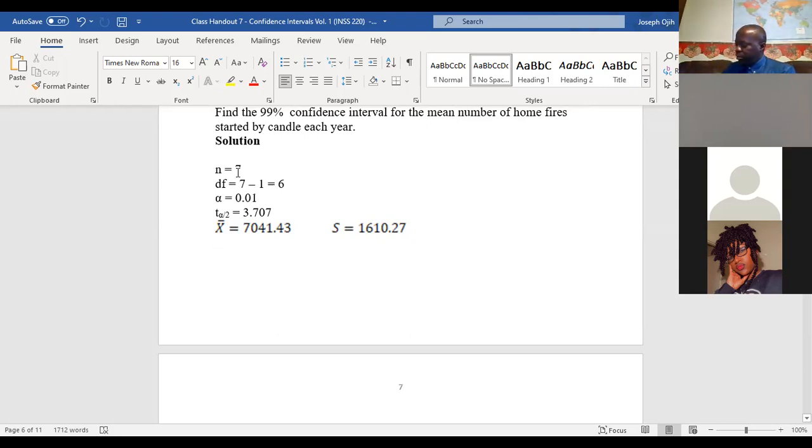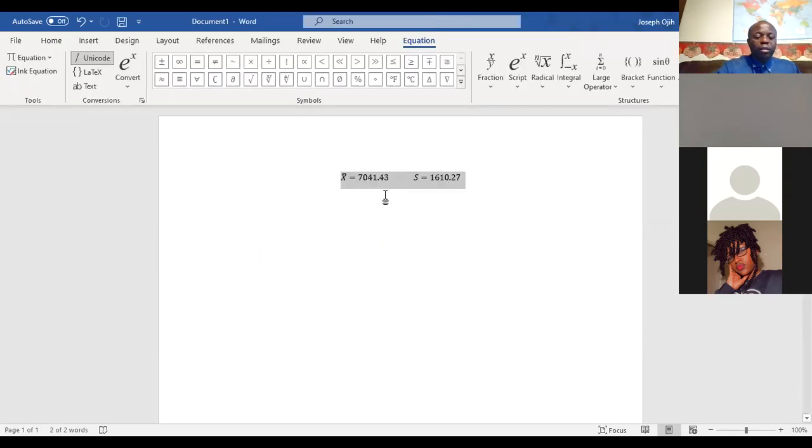So let us put this in and then get the calculation done using the decimal. So error E equals t alpha over 2, which is 3.707, times the standard deviation of 1610.27 over the square root of 7.